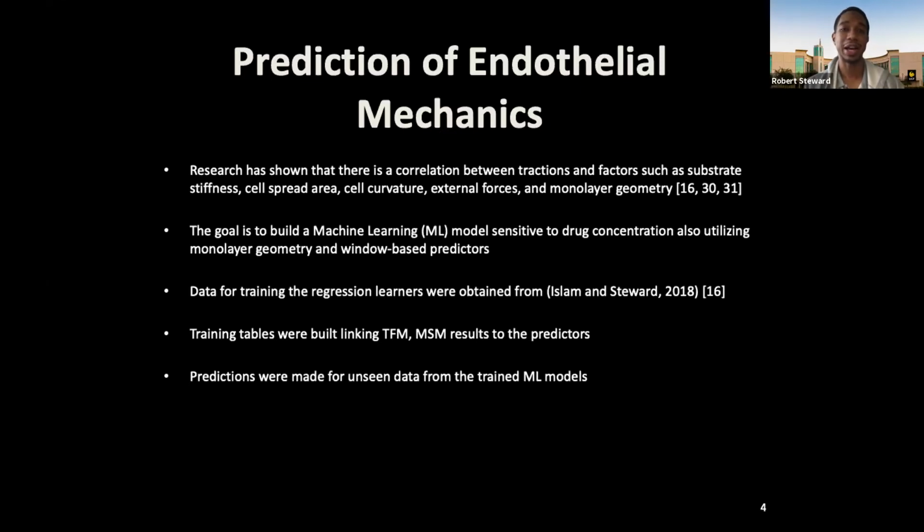And we can do knockouts, we can do pharmacological interventions. For the early project that one of my students did, we essentially looked at how the mechanical forces cells generated changed in response to various drug concentrations.